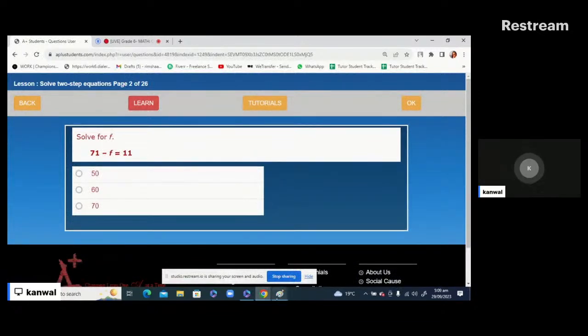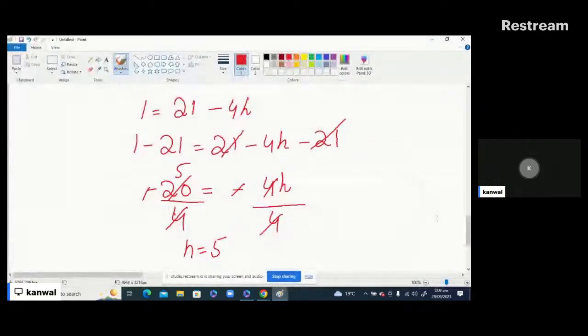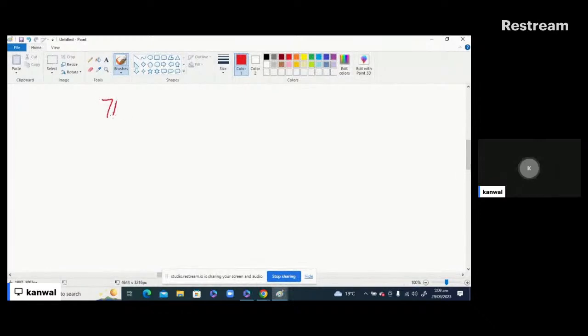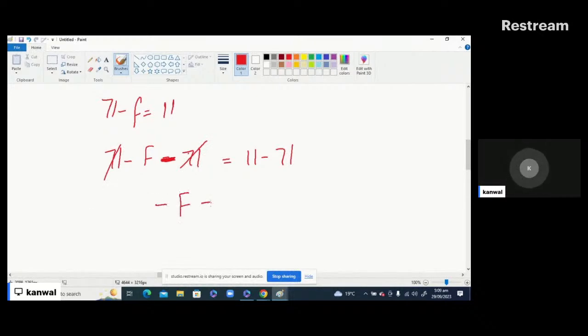71 minus f is equals to 11. Okay, now subtract on both sides 71. Only minus f is left here.